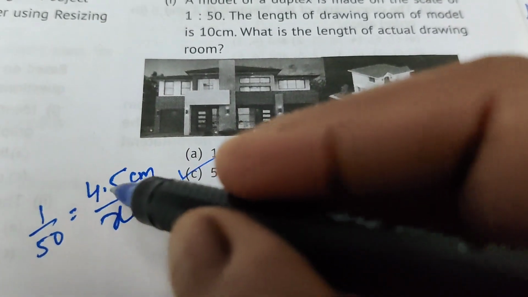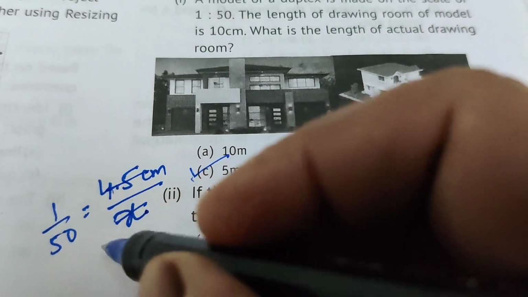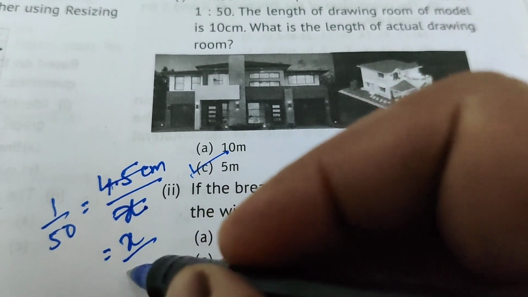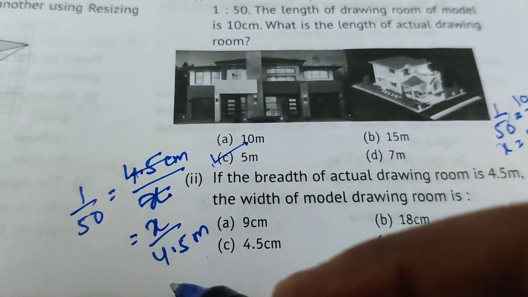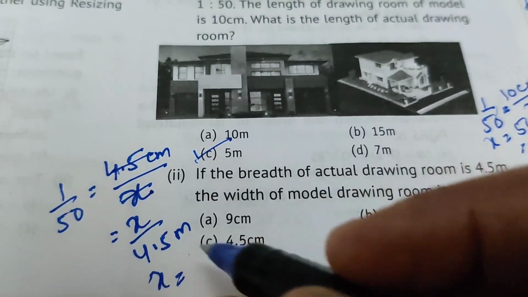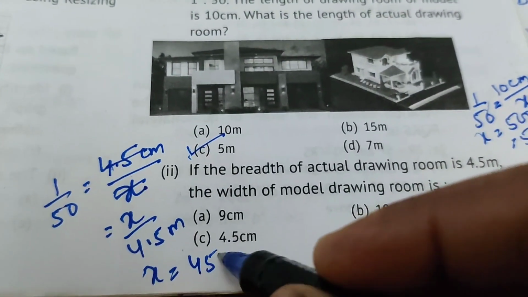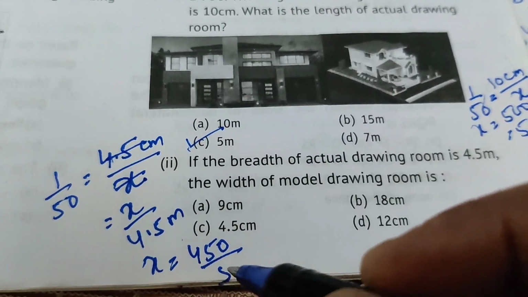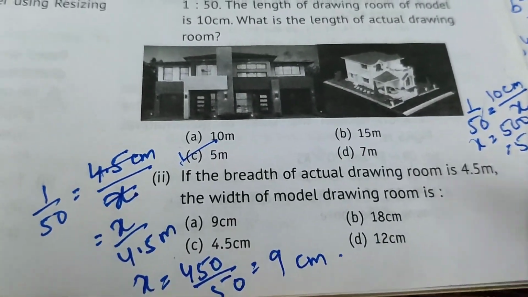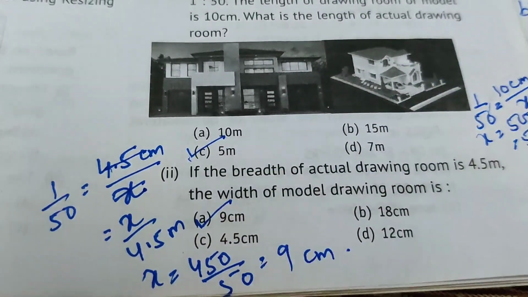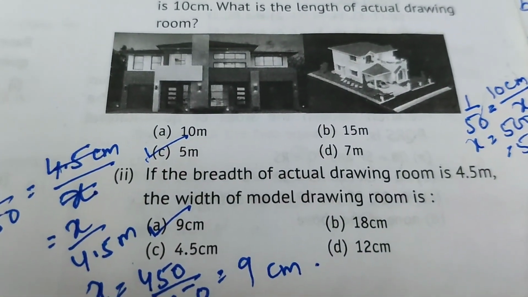So x equals 4.5 meter, which means 450 centimeter, divided by 50. It means 9 centimeter. This is the width of the model of the drawing room.